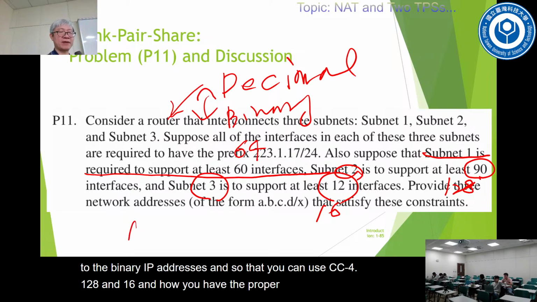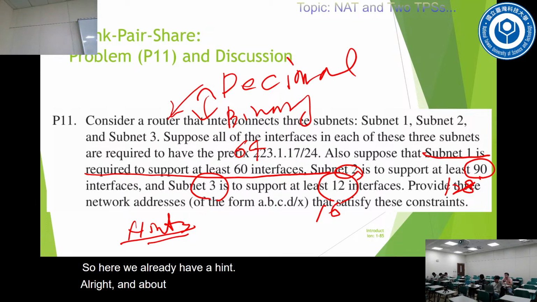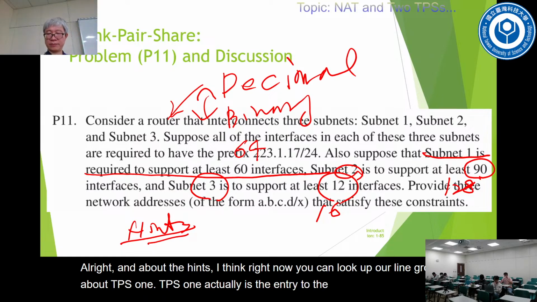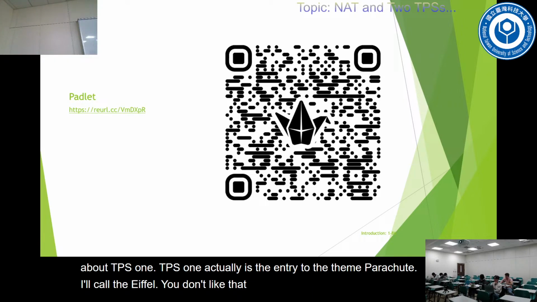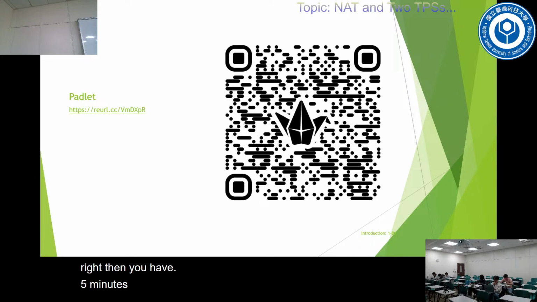So here we already have a hint. About the hints, I think right now you can look up our Line group about TPS1. TPS1 actually is the entry to the thin pair shell. Of course, if you don't like that one, you can scan the QR code. All right, then you have 5 minutes to work with your team members.